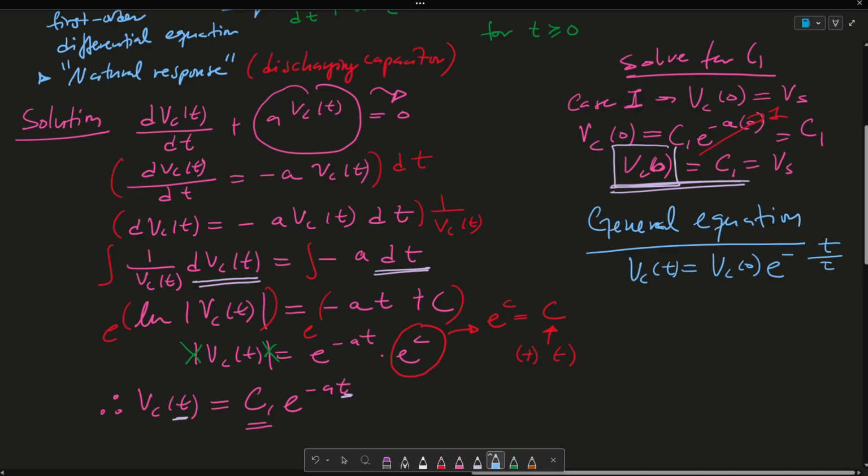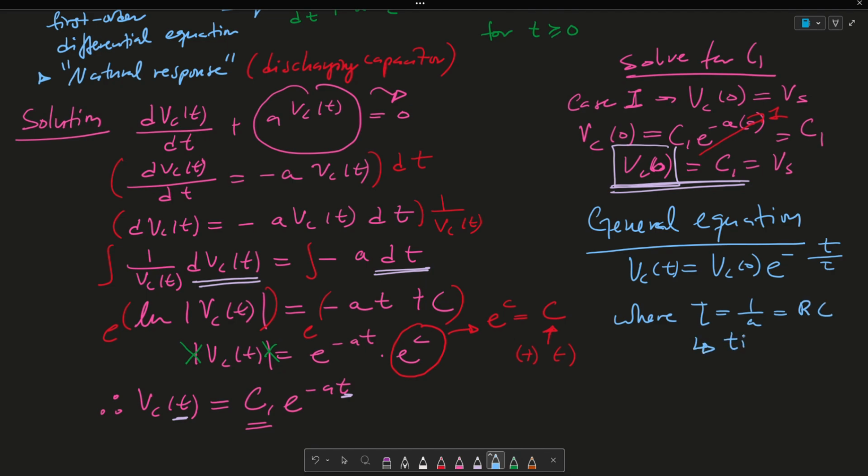That's another very important term. So tau equals 1 over A equals RC, and tau is what we consider to be the time constant. It's a very important value, the time constant of a circuit.